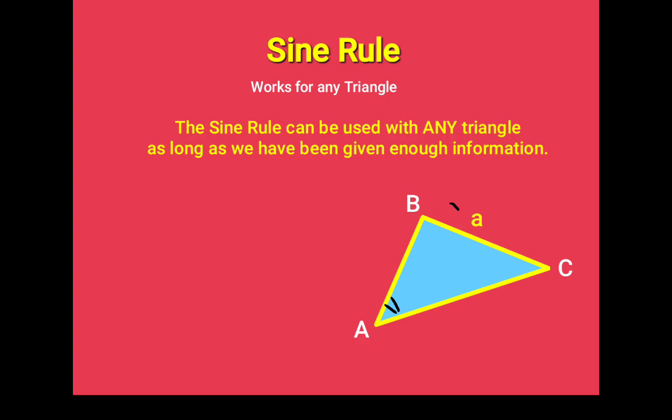So call the side which faces angle A, side a with a small letter, and the side facing angle B, you can call side b with a small b, while the side opposite angle C is called side c.